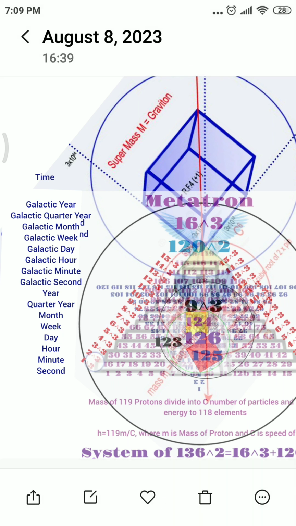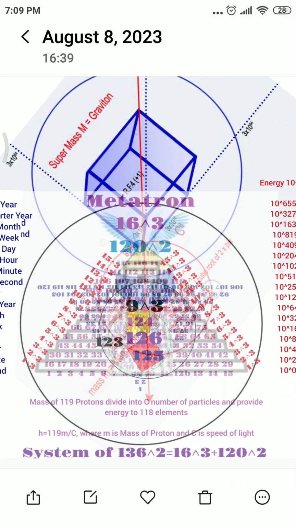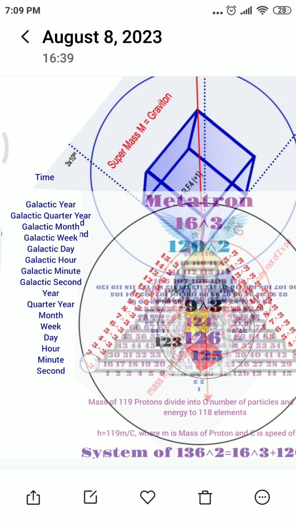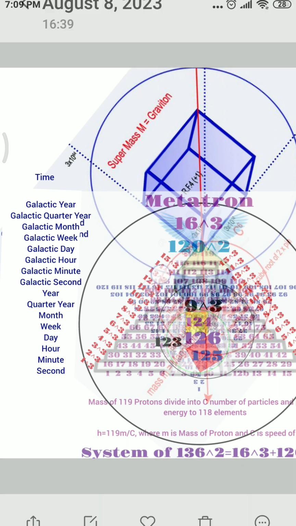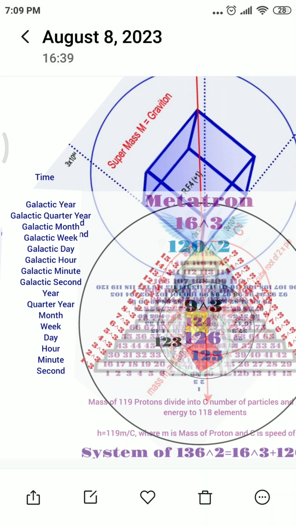These are 1 cube to 15 cube, on either side. As these energies increase, that much time it takes for the quantum entanglement, let's say. If you go higher and higher, it will take longer and longer for that to become mass.